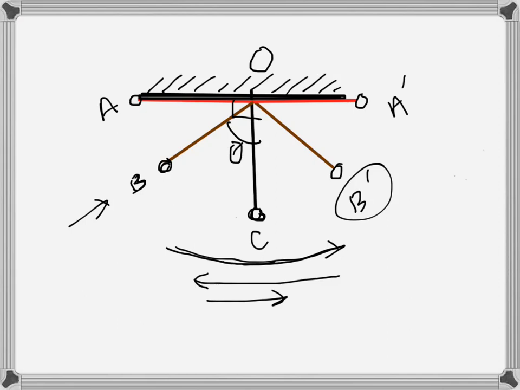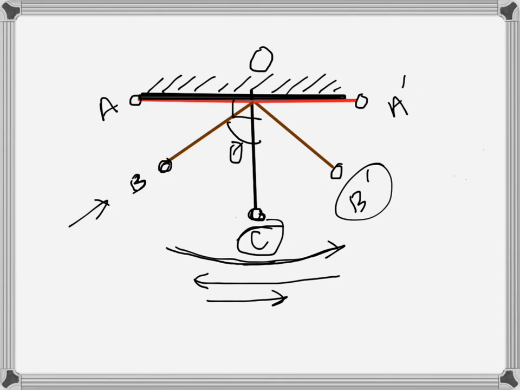At position C, the potential energy will become zero, and the kinetic energy will be maximum. All of the potential energy will be converted to kinetic energy, so it will have the maximum velocity at C.